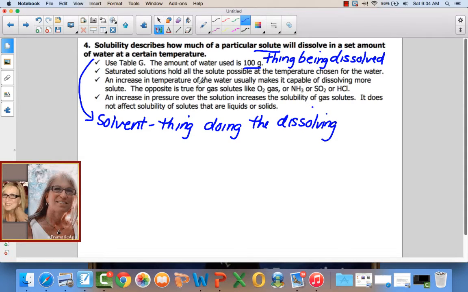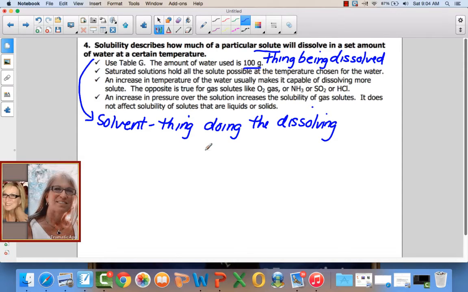Saturated solutions hold all the solute possible at the temperature chosen for the water. An increase in temperature of the water usually makes it capable of dissolving more solute. So think of a glass of water. If you want to dissolve sugar in water, if you have cold water versus warm water, you're going to be able to dissolve more in the warm water.